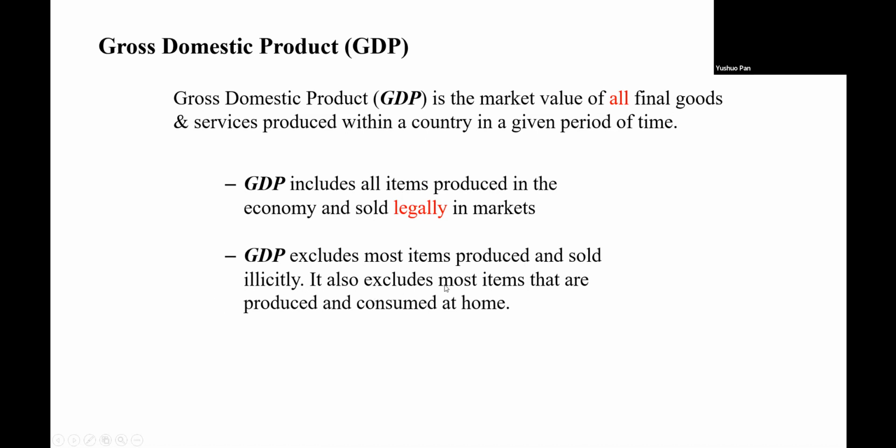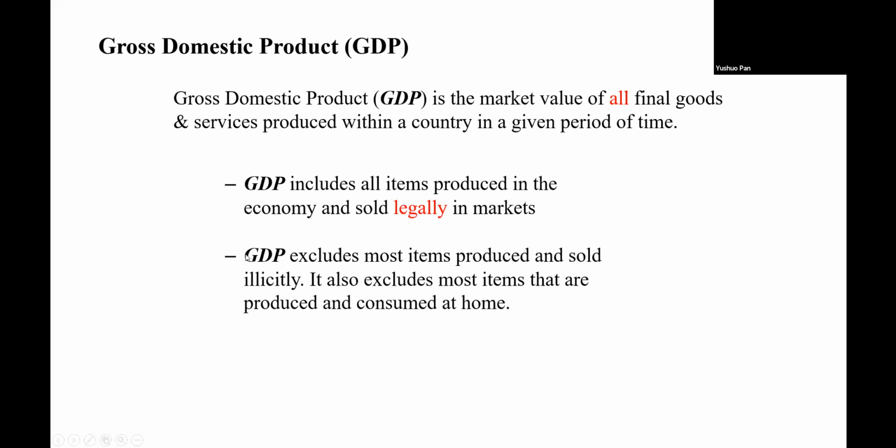So the first one, if anything is illegal, then that will not count in the GDP. Such as heroin, right? That's illegal in all countries. So any transaction of that, although you can use money to measure how much money you sell or buy or whatever, but since it's illegal, it will not count as GDP.